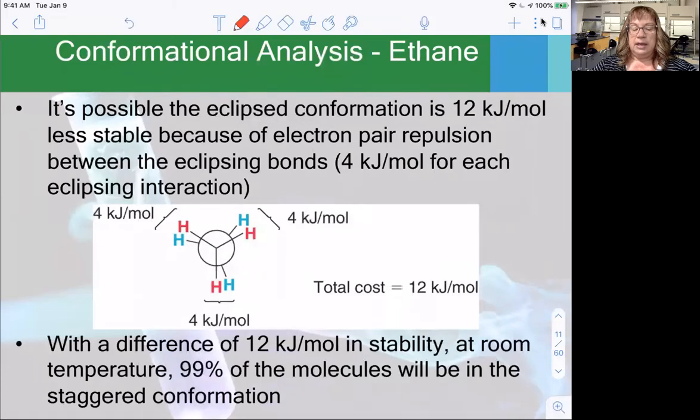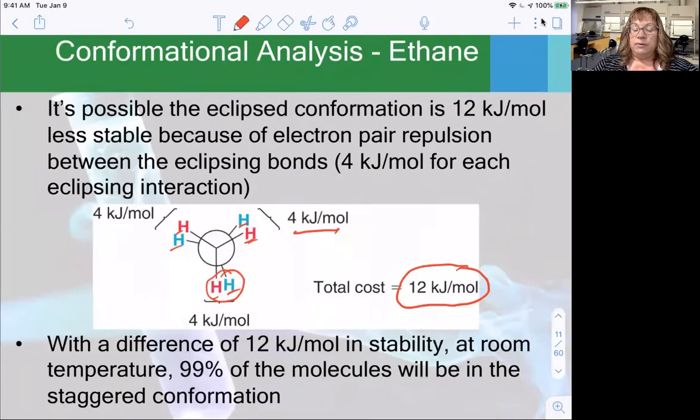Now, I can measure this, and what I know is that the difference between the staggered and the eclipsed is 12 kilojoules per mole. And I know that each interaction is between a hydrogen-hydrogen. So each one of these eclipsed interactions contributes 4 kilojoules per mole, right?